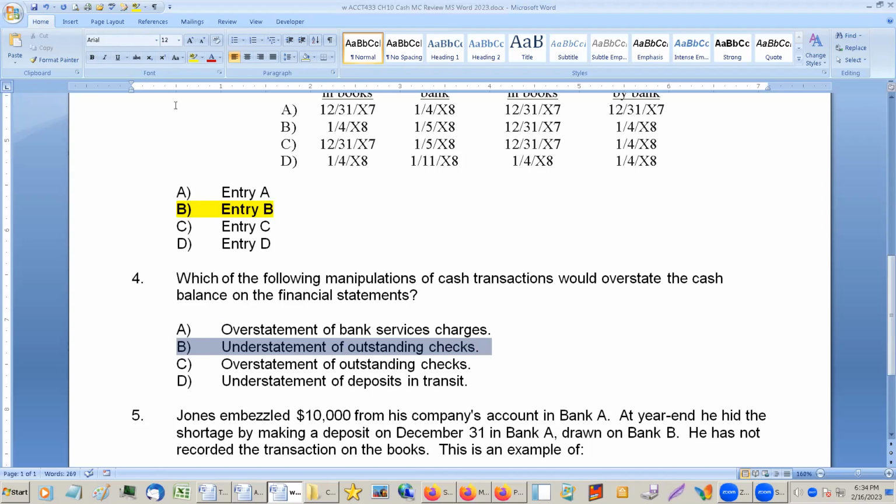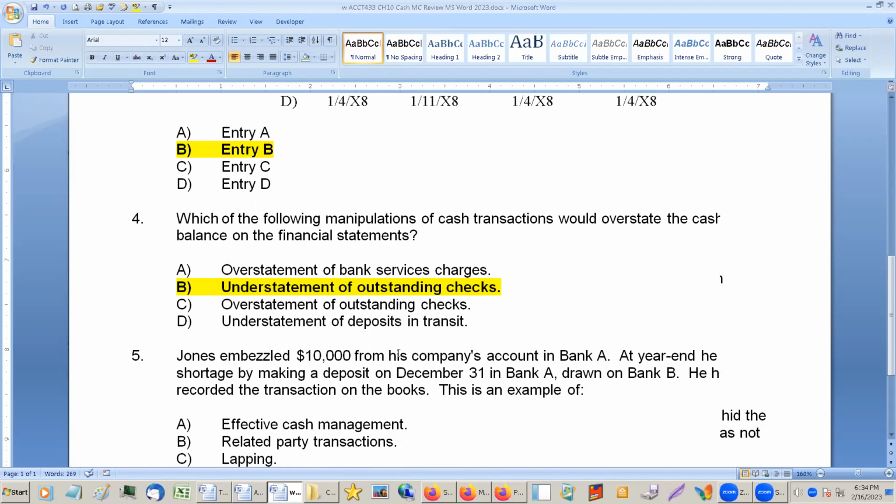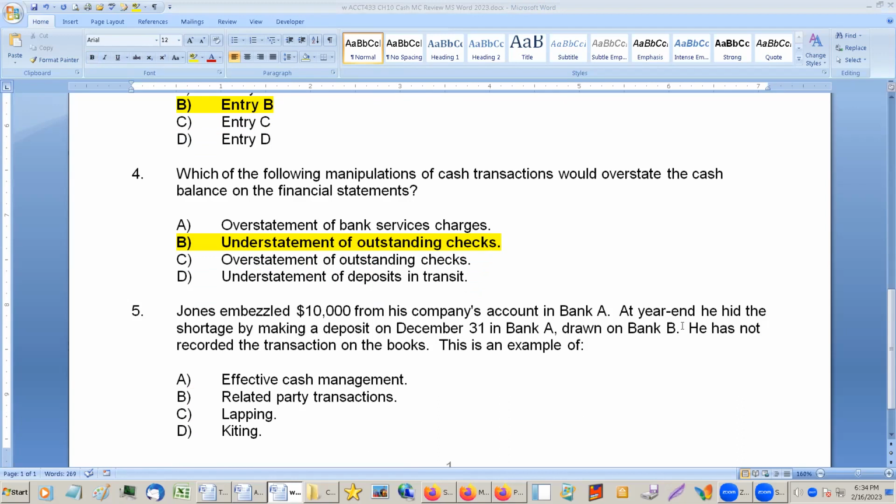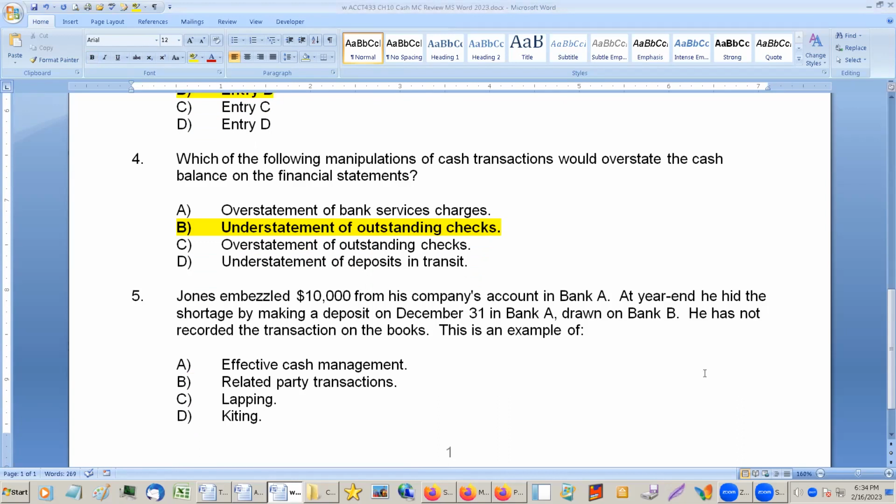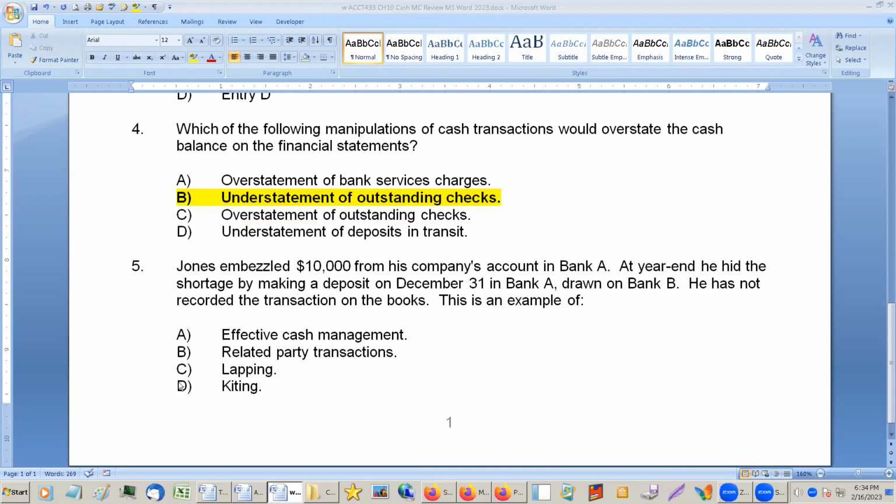Question 4, B is the answer. If you understate the outstanding checks on the bank side, it's going to look like you have a higher corrected balance. So this would be the one that would make it look higher. And the last one, oh no, this is good. This is it.